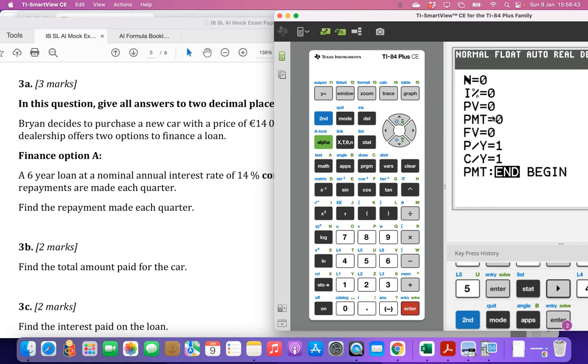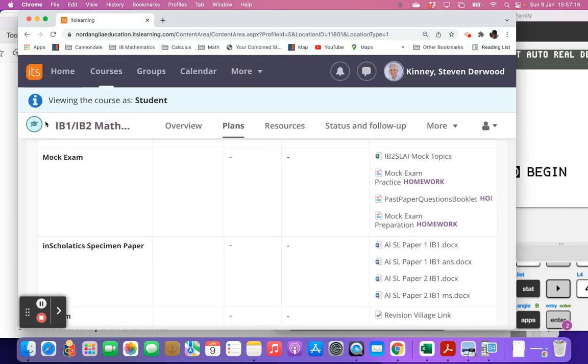I want to show the input to the TVM Solver and find my payment amount here, which is what they're asking for. And again, remember that the payments per year is 4 for quarterly, and we make that at the end of each quarter.